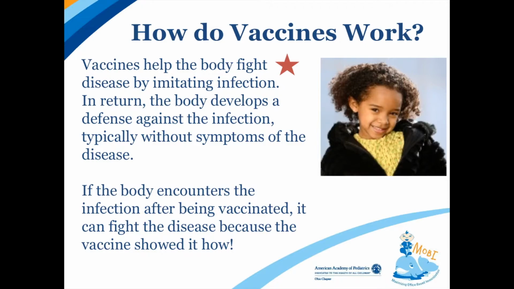In return, the body develops a defense against the infection, typically without ever having any symptoms of the disease. As you see, this is starred, so this will be one of the post-test questions. If the body encounters the infection after being vaccinated, it fights the disease, so they never actually have any of the symptoms of it whatsoever.